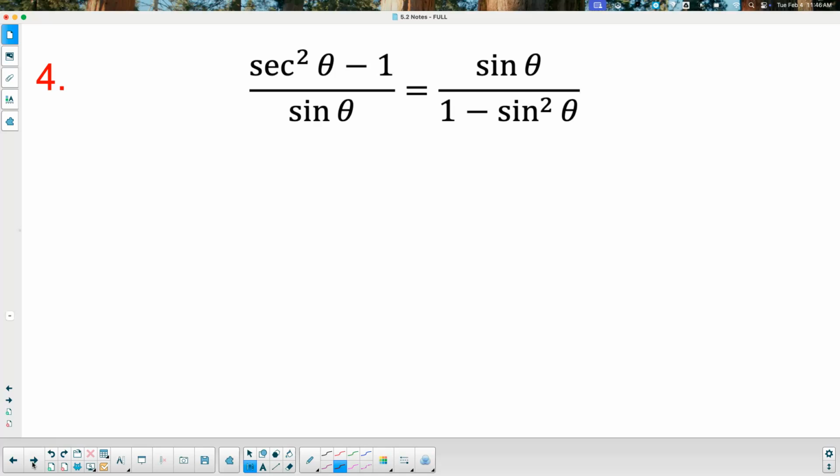Try that one. Left side or right side? To the left. Okay. Secant squared minus 1 turns into what? Tangent squared. Okay. Now what?